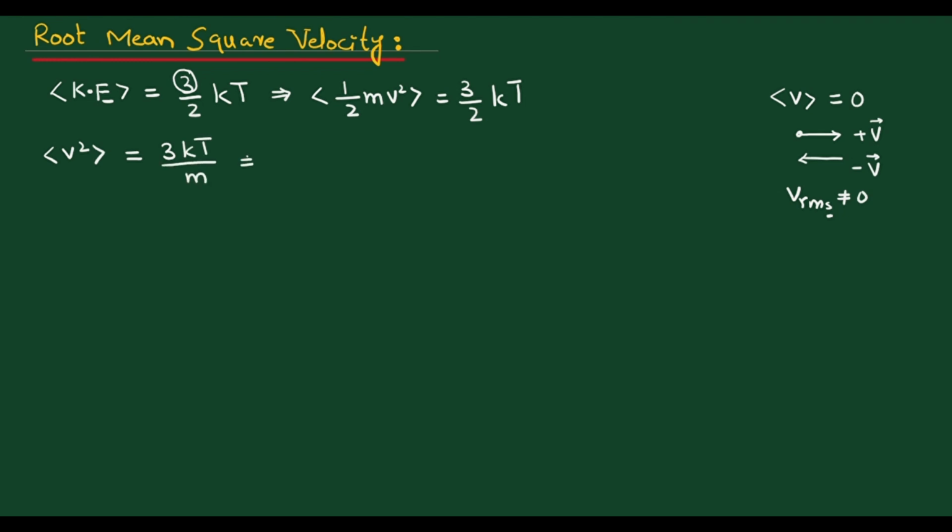If we take the square root on both sides, then the square root of v square average is equal to the square root of 3kT by m.